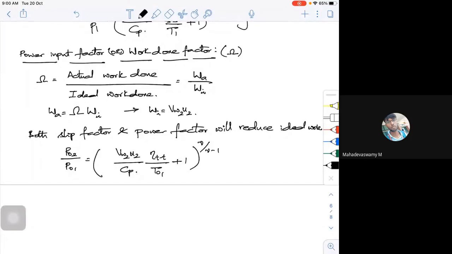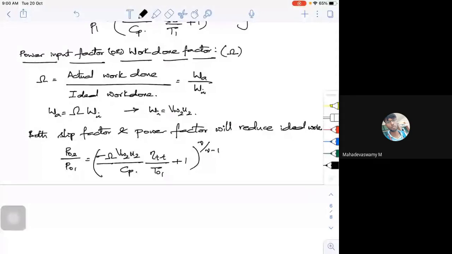Now, if I consider both the slip factor and the power input factor, I can write the same expression with the slip factor as sigma and the power input factor as omega. For example, if your slip factor is 0.95 and the other is 0.95, I may end up with 0.88 or whatever it may be.